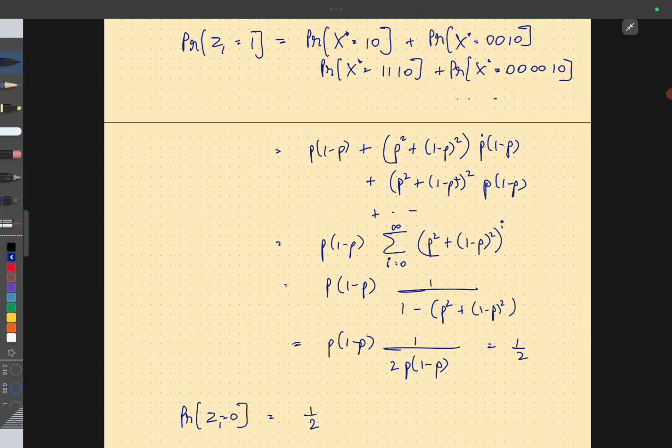In this particular approach, this is one algorithm. I'm not saying that this is the best algorithm. It's just to demonstrate that it is possible to generate IID Bernoulli half random variables from IID Bernoulli p random variables. That's all. This is definitely not the best way to do it.